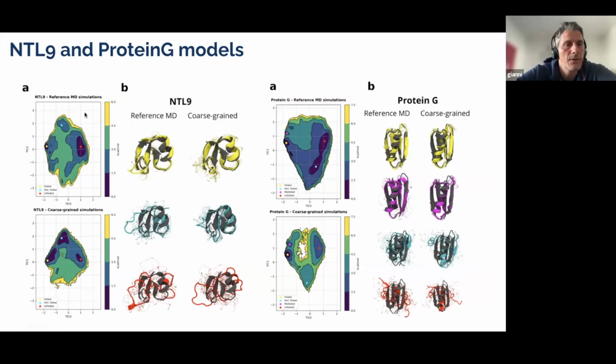You see here, for instance, in NTL9 or protein G, a projection of the free energy of these basins in the all-atom model, and the same projection on the coarse-grain simulation. And you see that there are minima in the same places. Here, here, here, the shape is slightly different, but there is a lot of similarity in the minima. This was never the case in coarse graining before, which was trained more heuristically. So this is one of the first methods that I know of that preserves the thermodynamics of the system. So it's proper coarse graining, if you want.